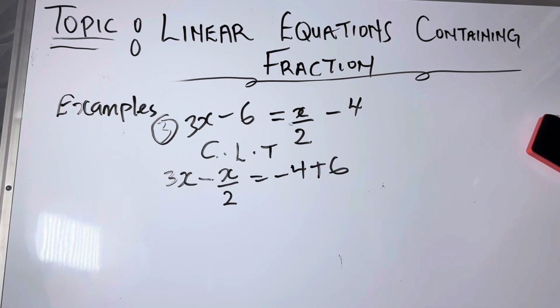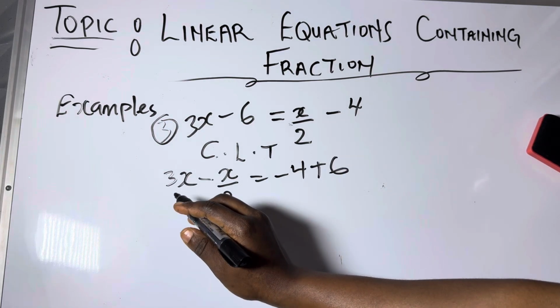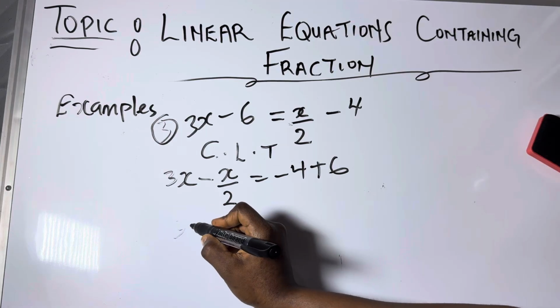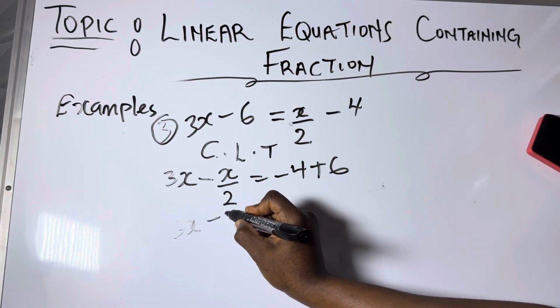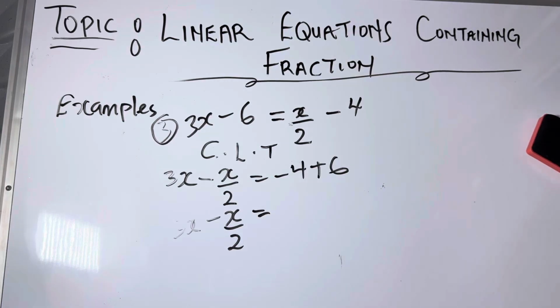Now, to remove this 2, we multiply both sides by 2. But before then, I'm going to solve this. So that gives 3x minus x over 2 equals, now, in our previous class, I told you that minus means you are owing, while plus means you have.